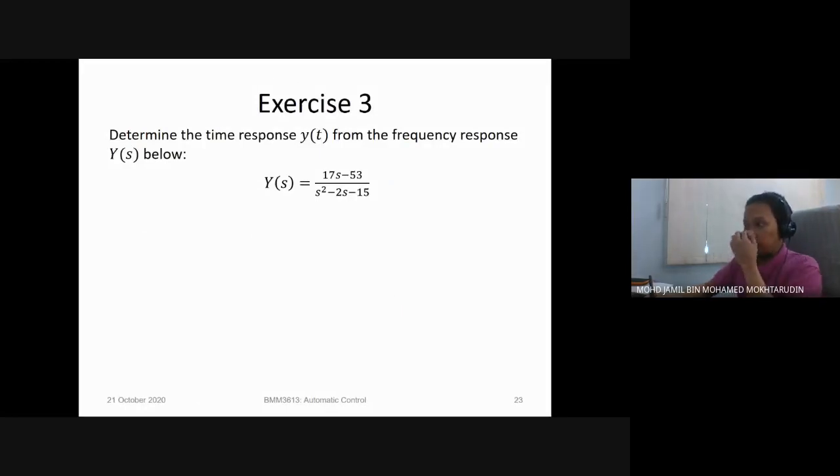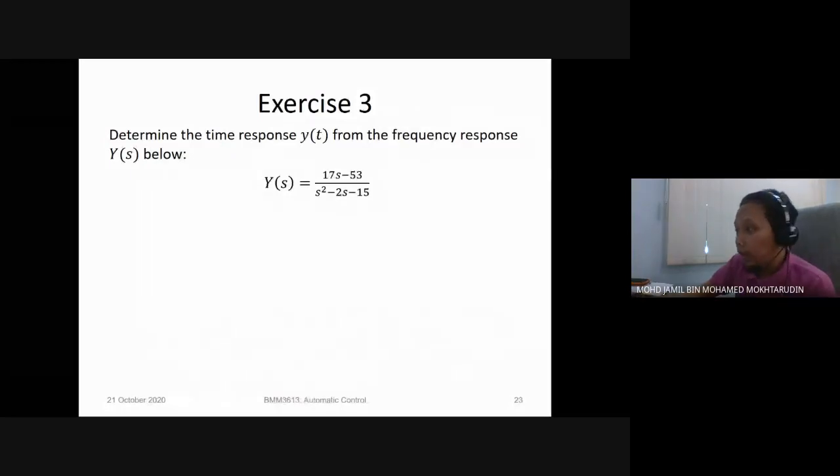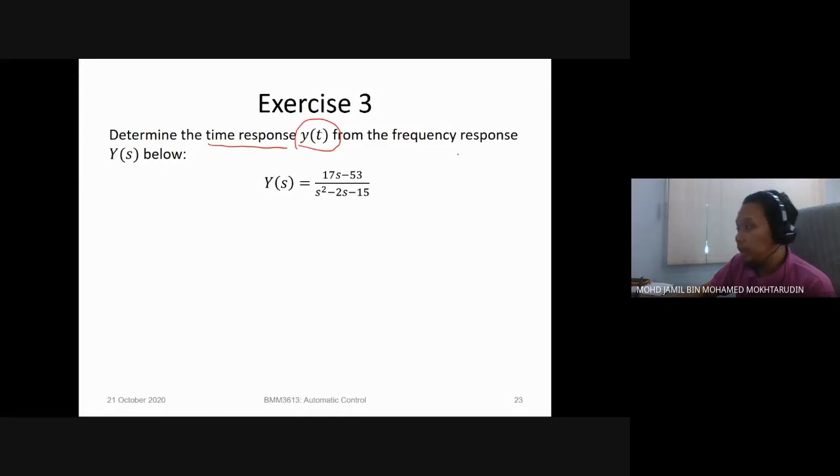Okay, so we look at one exercise. Determine the time response yt from the frequency response ys below. Here I want you to take note: when the question tells you time response, it means the function in time. When the question says frequency response, it means the function is in s, in frequency.